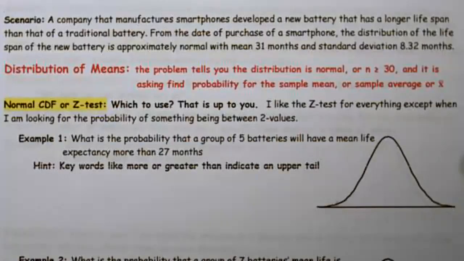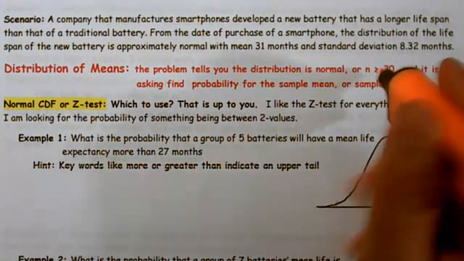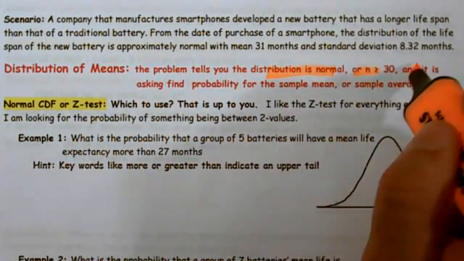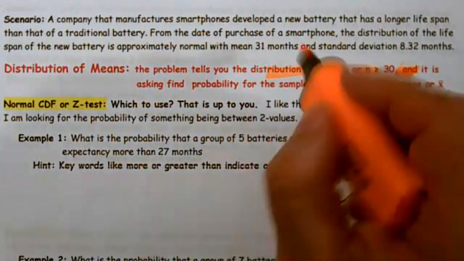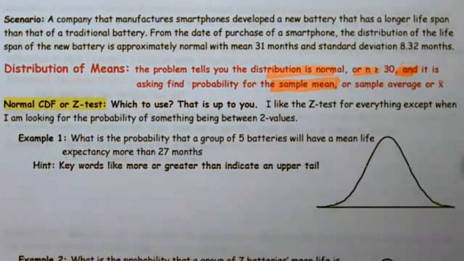All right, so we are still working with the same scenario, and the distribution of means. How do I know when to use it? Well, the problem tells you the distribution is normal or n is greater than 30. And this is really important, they ask you to find the probability for the sample mean, or sample average, or X bar.